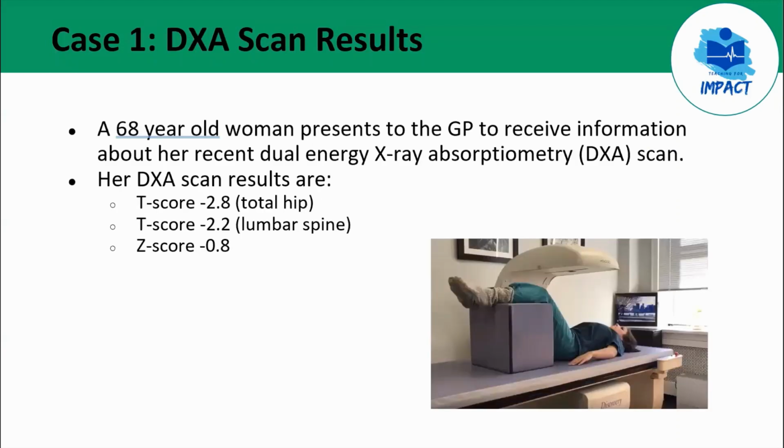Perfect, great. So now we've reached our first clinical case, which is the exciting part. So we have a 68-year-old woman presents to the GP to receive her most recent DEXA scan results. And it shows a T-score of -2.8 at the total hip, a T-score of -2.2 at the lumbar spine, and a Z-score of -0.8.